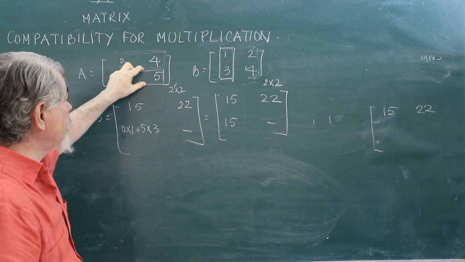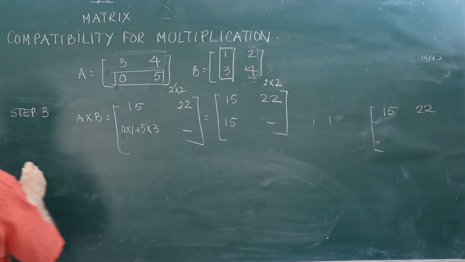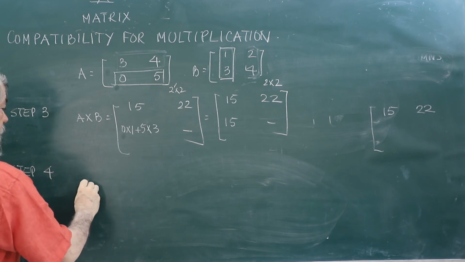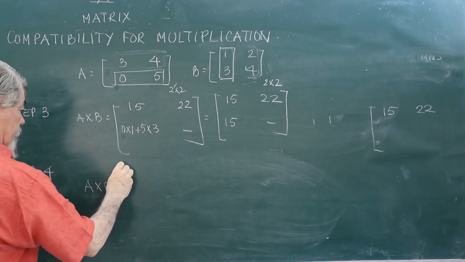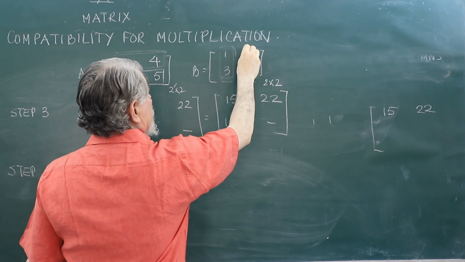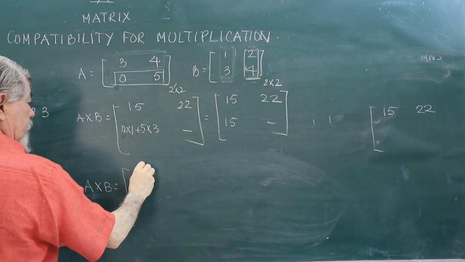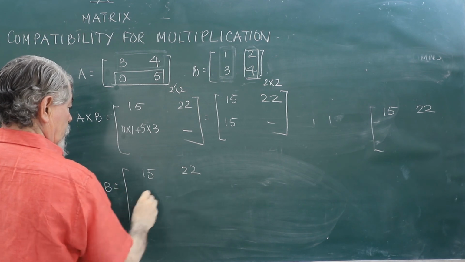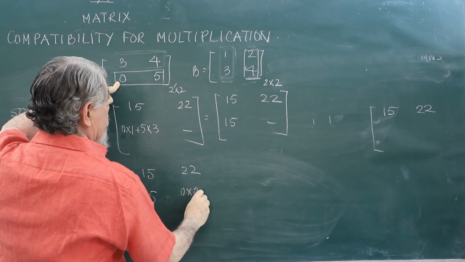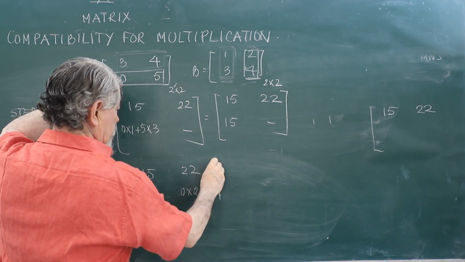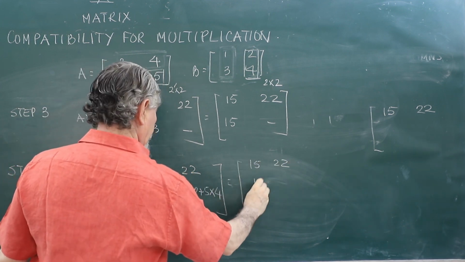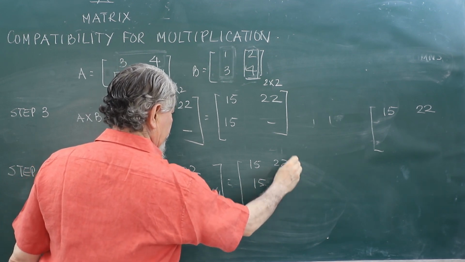Then we are saying second row, first column, and this step 4 will be second row, second column. 15, 22, 15. So 0 into 2 plus 5 into 4, which will be 15, 22, 15 and 20.